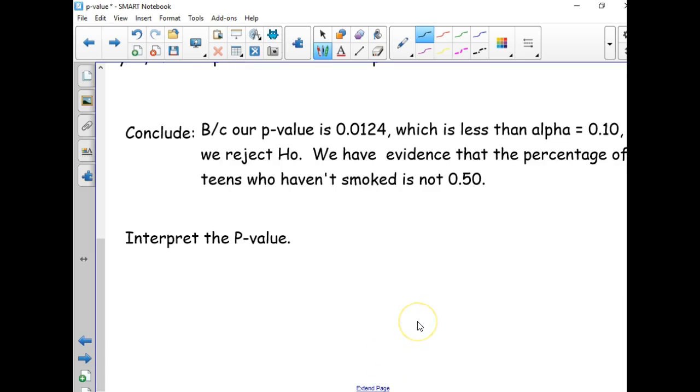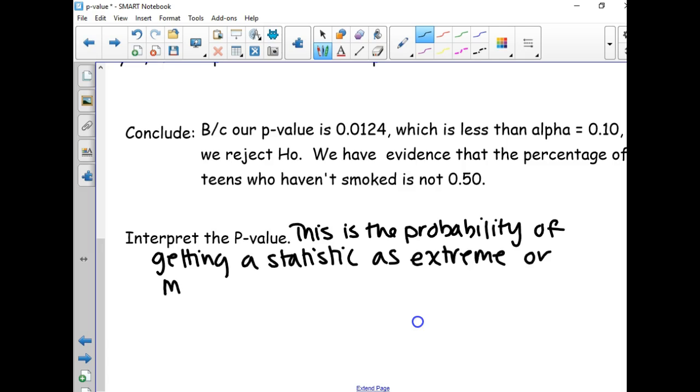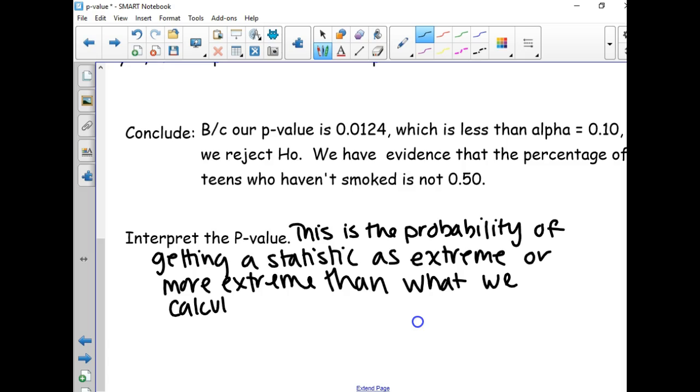Oops, I just need to extend the page. If we're going to interpret the p-value, we're going to say this is the probability, and I'll write it down, of getting a statistic as extreme or more extreme than what we calculated, given the null hypothesis was true.